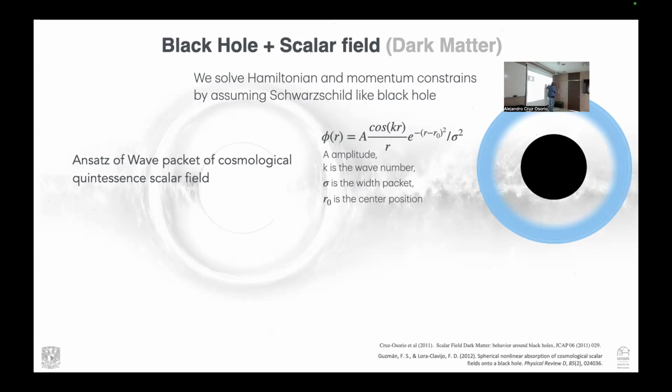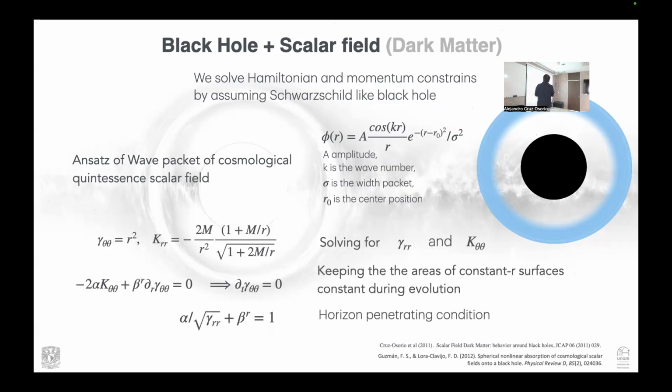And then we have a wave packet at some radius R0, with some width, which is this sigma, okay? A and sigma are free parameters. So we introduce this into the Einstein equations, into the constraint equation, and we solve this elliptic equation for the initial data, okay?